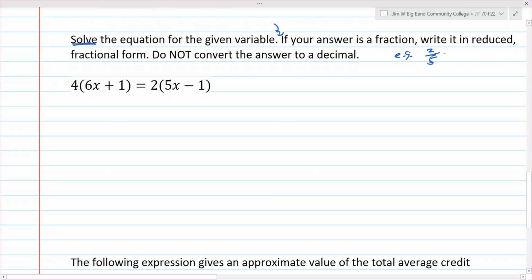That is the reduced fraction, right? Let me write it again. 2/5 is an example. And then you can also put down something like 3/10, right? These are examples of reduced fractions.